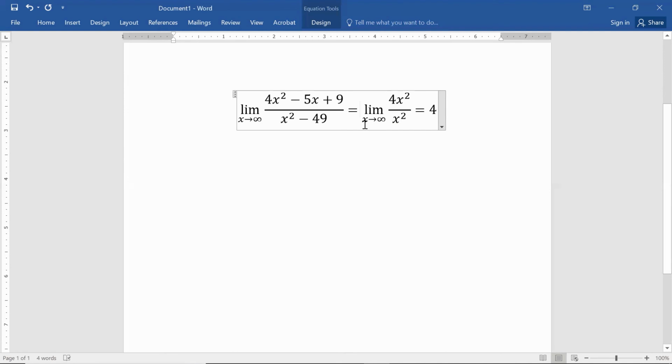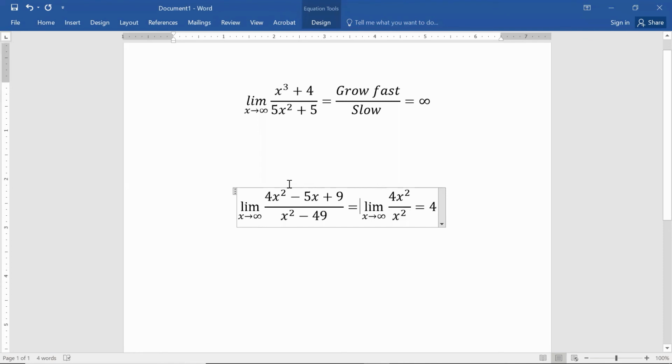Now you can only do that as x goes to infinity. If this were like x goes to 5, then obviously you can't do that. This only works when x goes to infinity, because as x goes to 5, these things approach real numbers.